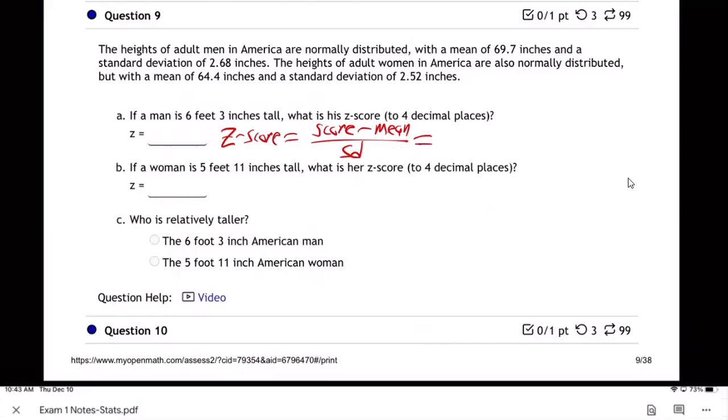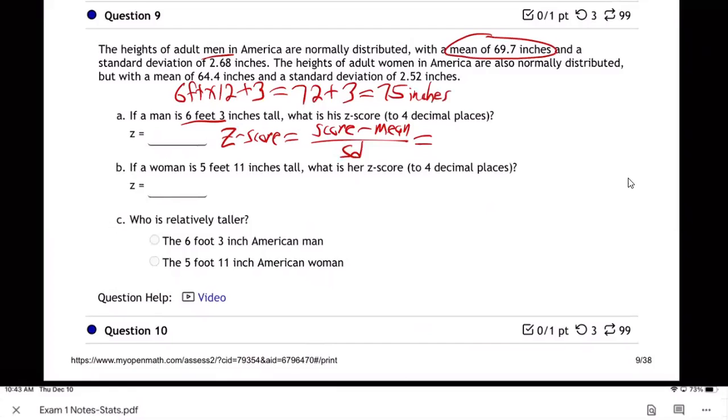So what is the score for a man that's 6'3"? Now, the mean is 69.7 inches for men. So we have to take 6'3" and change that into pure inches, don't we? So that's going to be 6 feet times 12 plus 3, right? So it's 72 plus 3, which is 75 inches.